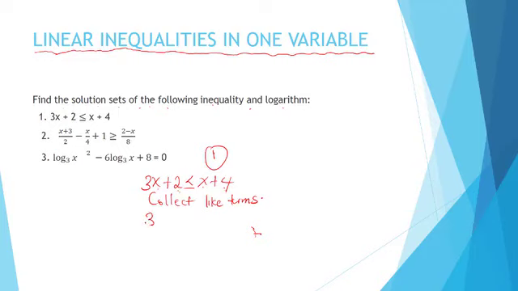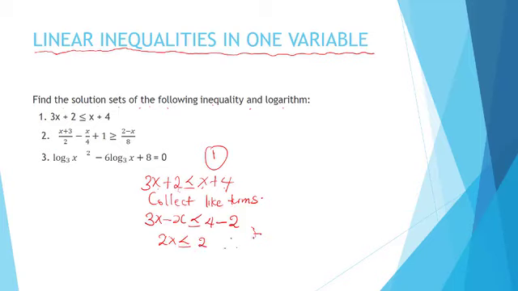So we now have a function of this nature, 3x. If this x comes to this side, it becomes minus x, to be less than or equal to, we have our 4 here, and plus 2 crosses over to this side and becomes minus 2. So with this we now have 2x less than or equal to 2.